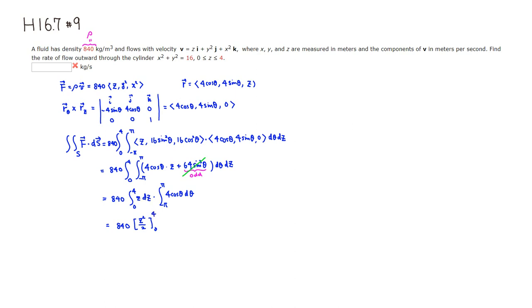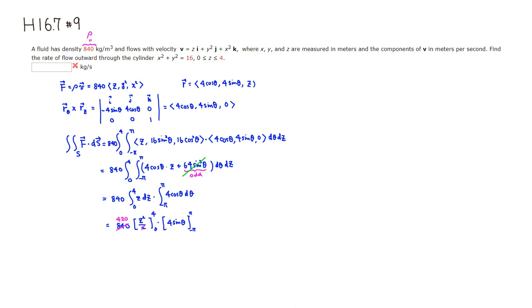We can cancel the 2 on the bottom, and this is going to be 420. Then multiply by the antiderivative of 4 cosine of theta, which is 4 sine of theta, going from negative pi to positive pi.